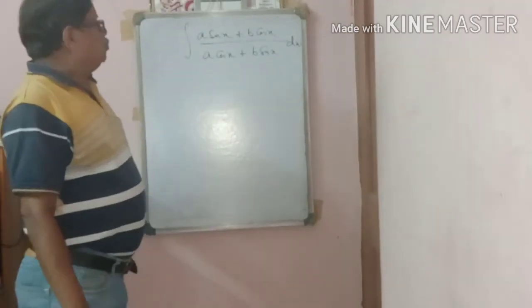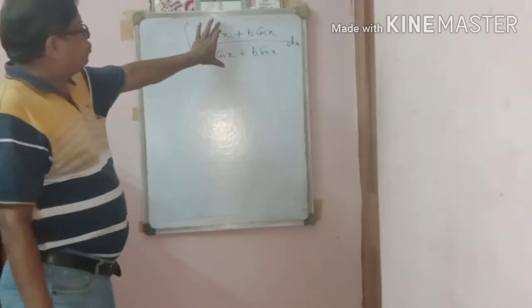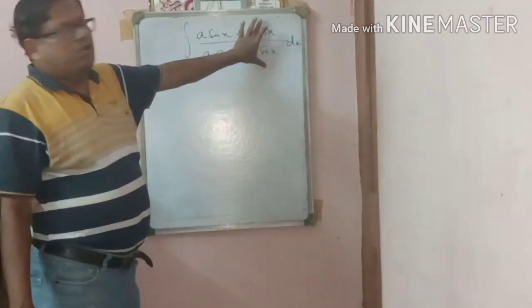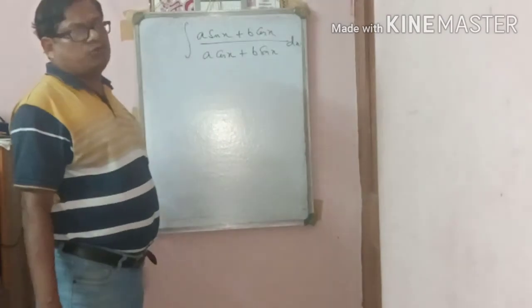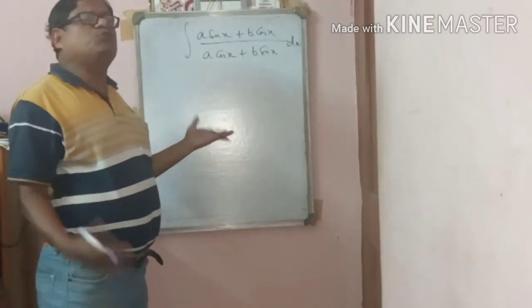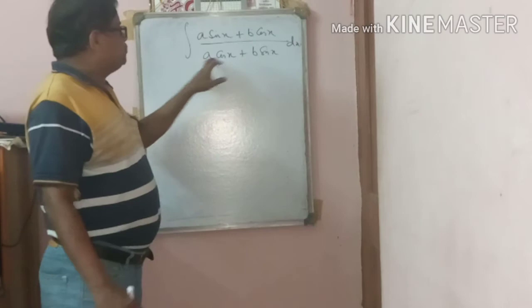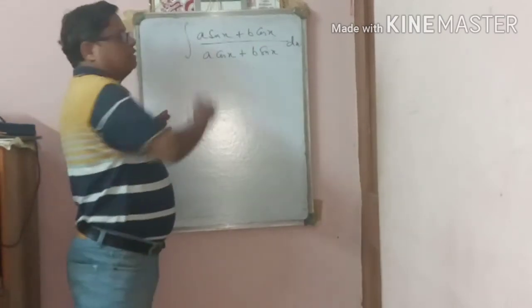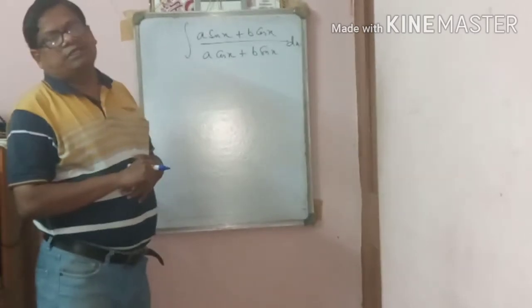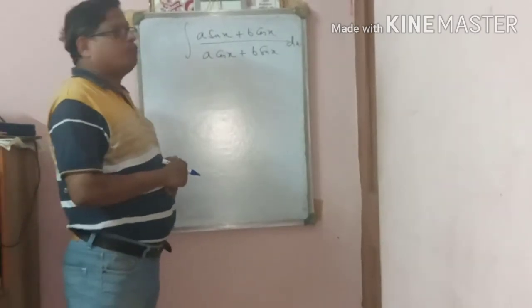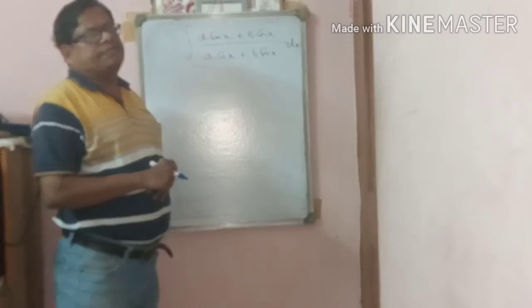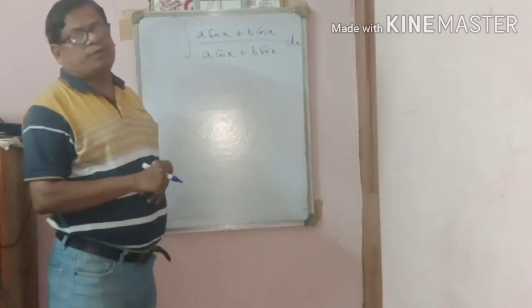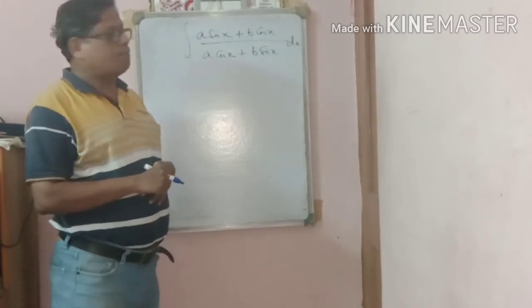How to do it? Both the numerator and denominator have sin and cos, and constant terms a, b are given. First you should remember this, otherwise you can't solve it in the exam hall. If you do not remember this type of rule, then you can't proceed. So all of you remember, this is one of the important rules.